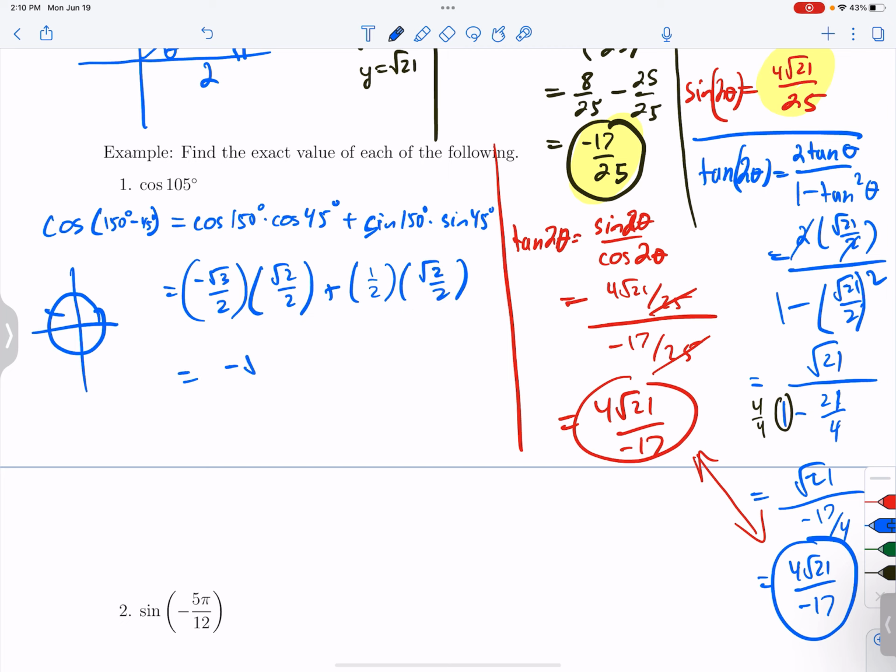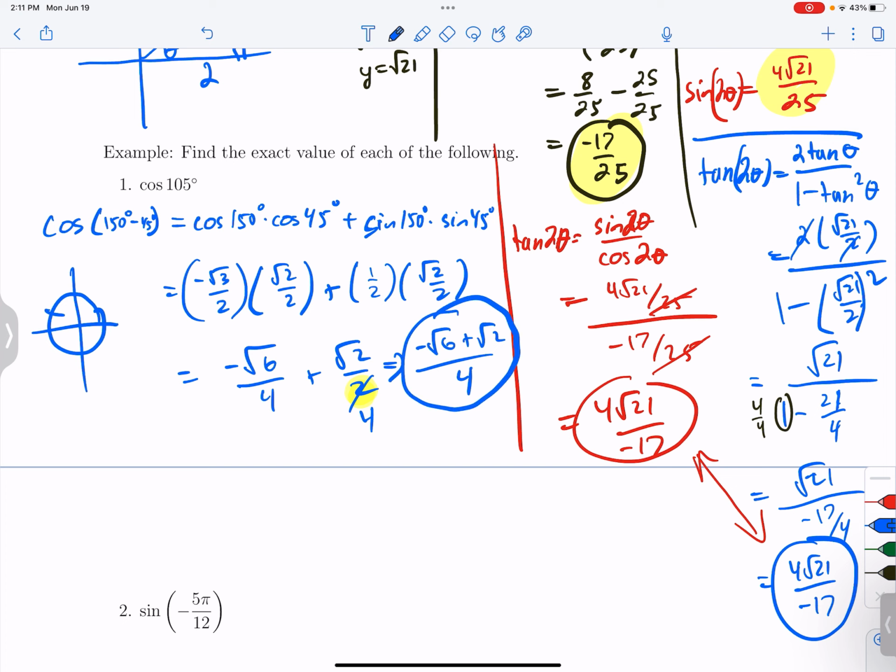Putting this all together, negative root 6 over 4 plus root 2 over 2. That can combine to this: negative root 6 plus root 2 over 4. And I made a mistake here. This should be a 4. Okay, so there is our answer for that one.